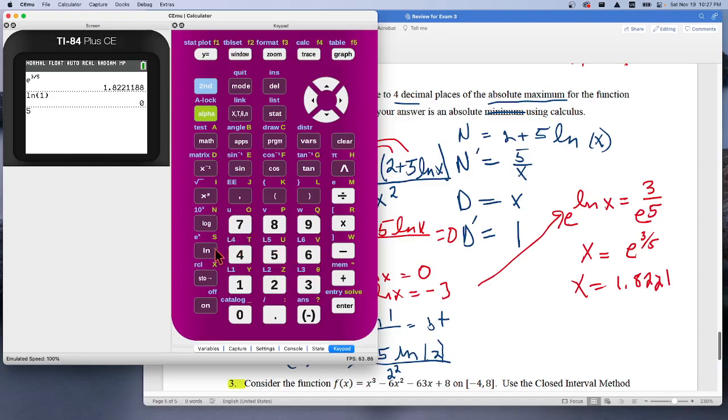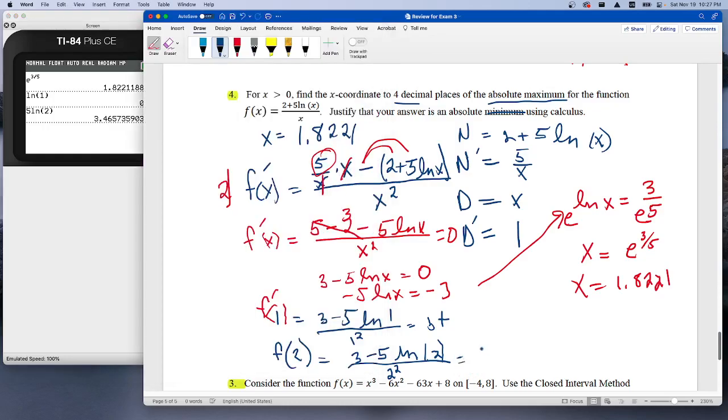So 5 natural log of 2, yep, it's a little bit bigger than 3, so when we subtract in the numerator, we're going to get a negative number. In fact, negative 0.4657. Doesn't really matter what we get, but it's negative.